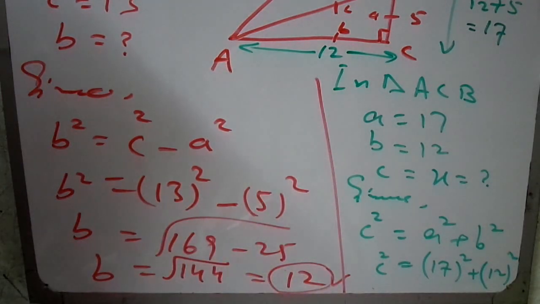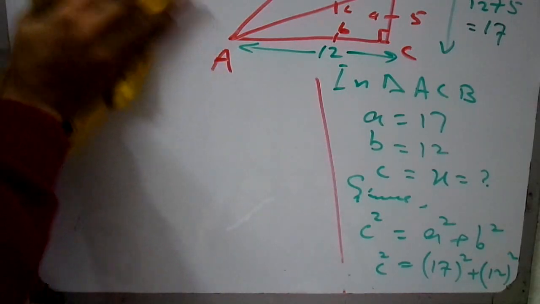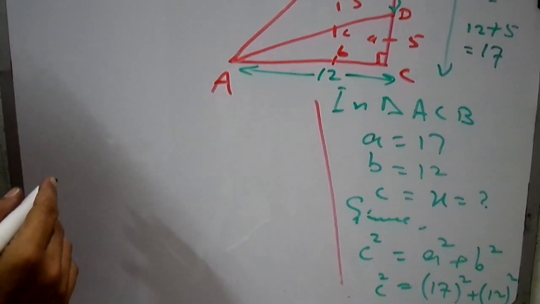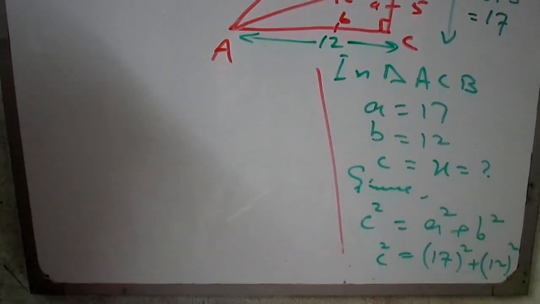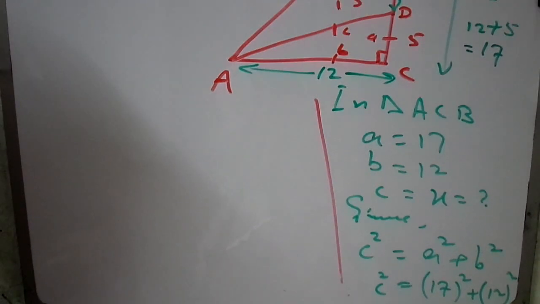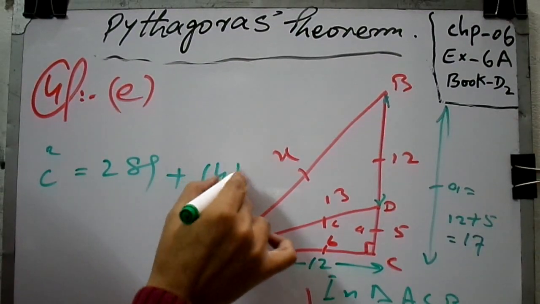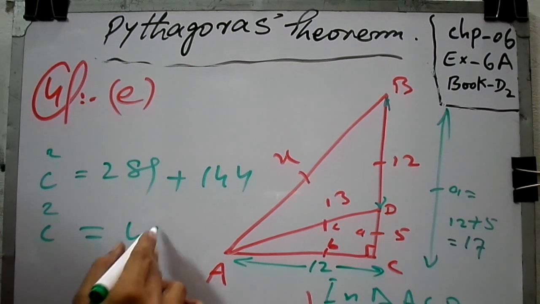So simplify it. You don't have enough space there, okay, you can solve here. C square is equal to 17 into 17, you will get 289. So 289 plus 144, you will get C square, 433.